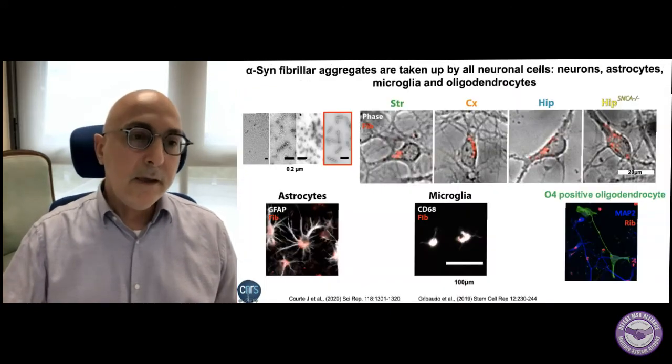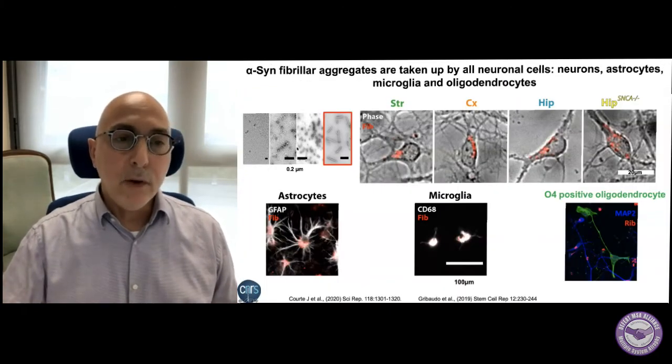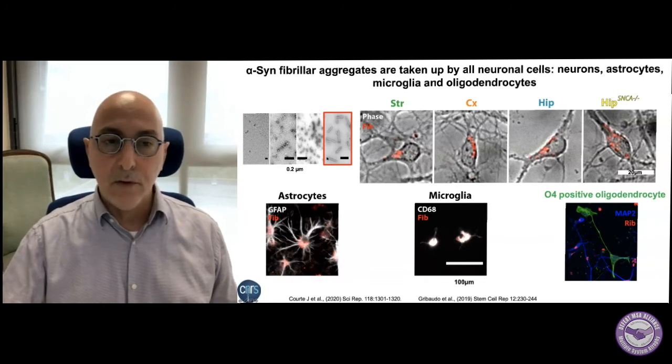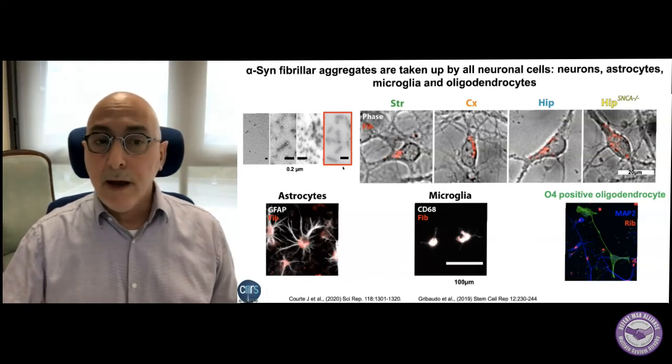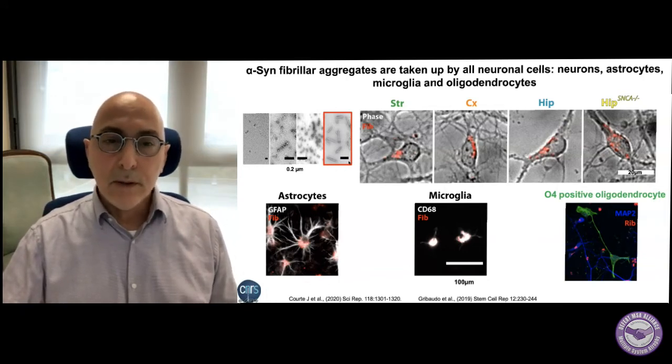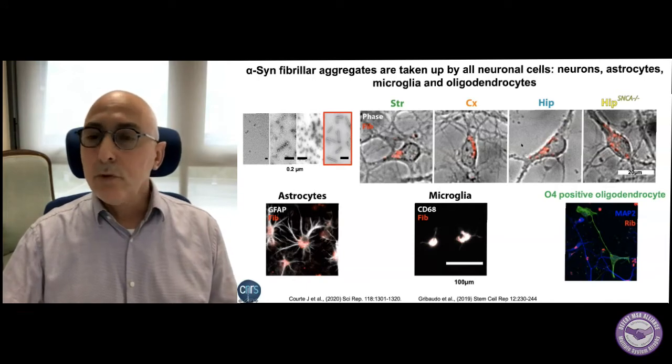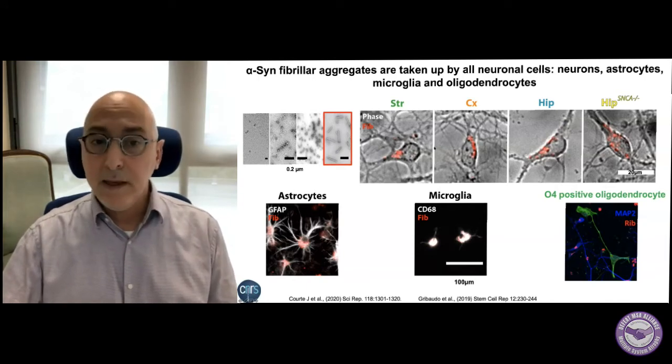So we are lucky we can assemble alpha-synuclein in a test tube into fibrils. And you see these fibrils here in the electron microscope. We can label these fibrils with a dye, red, for example, and we can add them to neurons that we grow in plates.